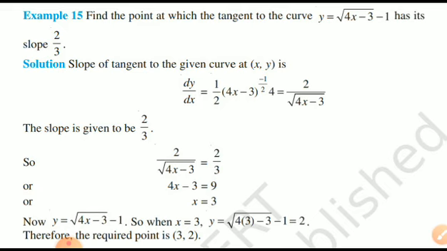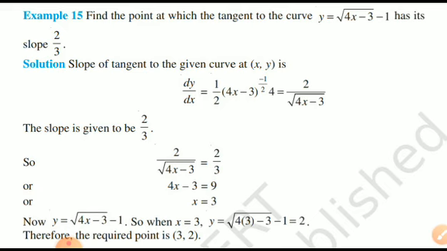Yes. If I consider y equal to root of 4x minus 3 minus 1 and find dy by dx, the derivative of root x is 1 by 2 root x.